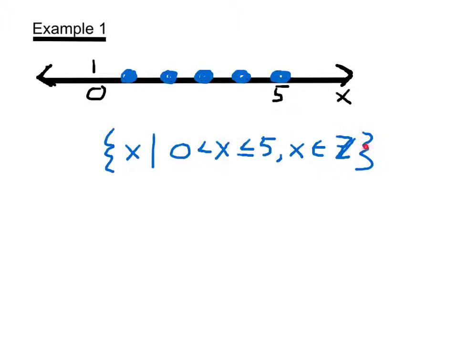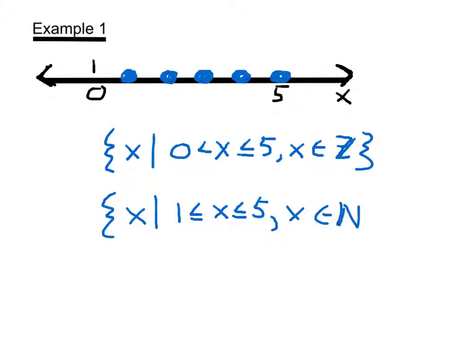Also, I need to write x as a member of the integers because not all real numbers are included, so we can't assume that all real numbers are included. Another way we could have written this interval would be x such that 1 is less than or equal to x is less than or equal to 5, x is a member of the natural numbers.